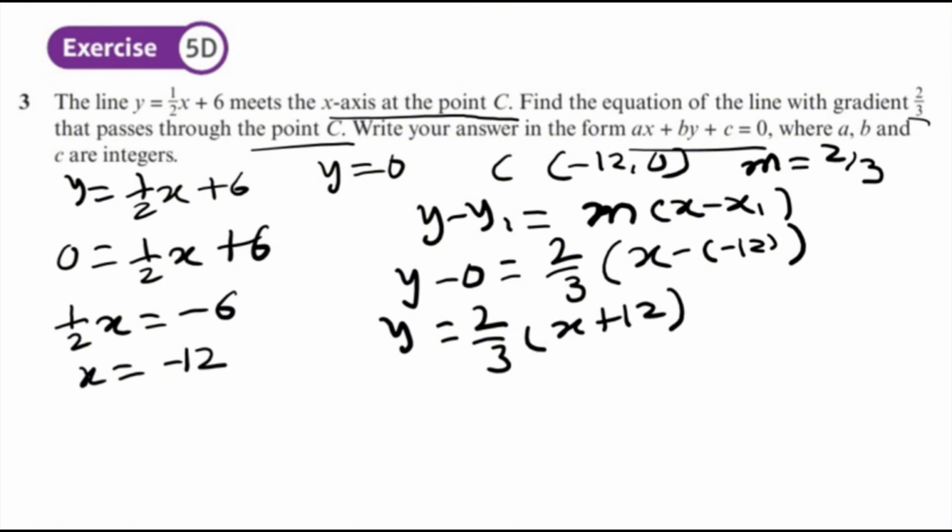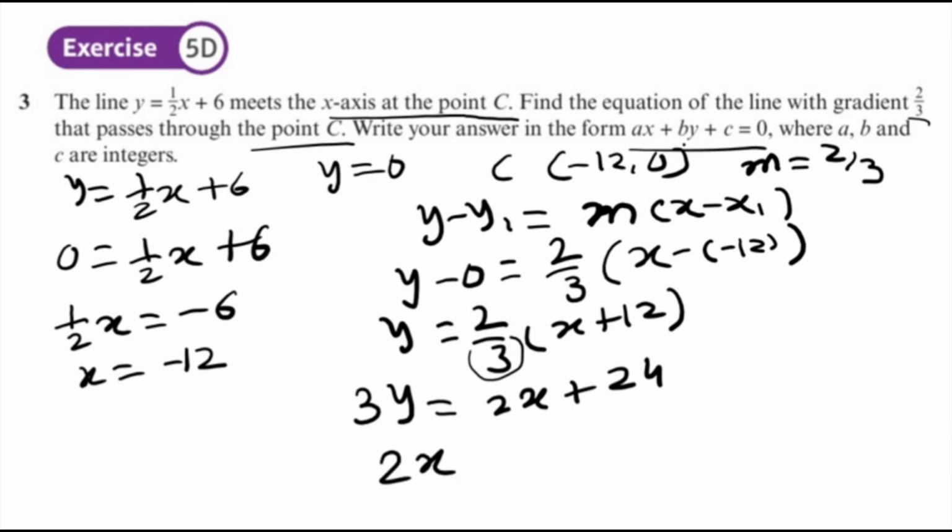Now here, instead of expanding a bracket, because we need the equation in the form ax plus by, always try to multiply 3 on the opposite side. So 3y is equal to 2x plus 24. So 2x minus 3y plus 24 is equal to 0. So this is the equation of line: 2x minus 3y plus 24 is equal to 0.